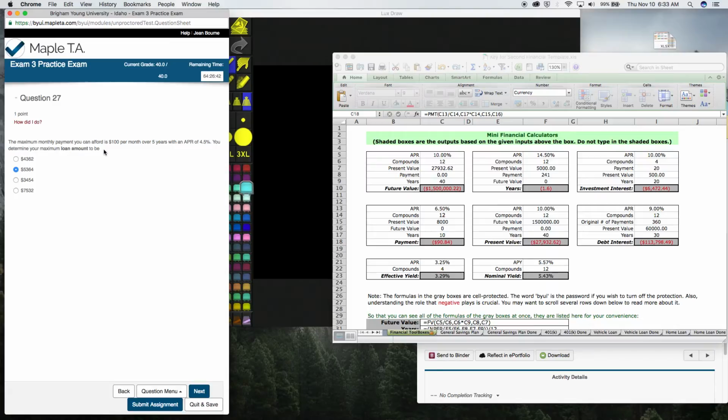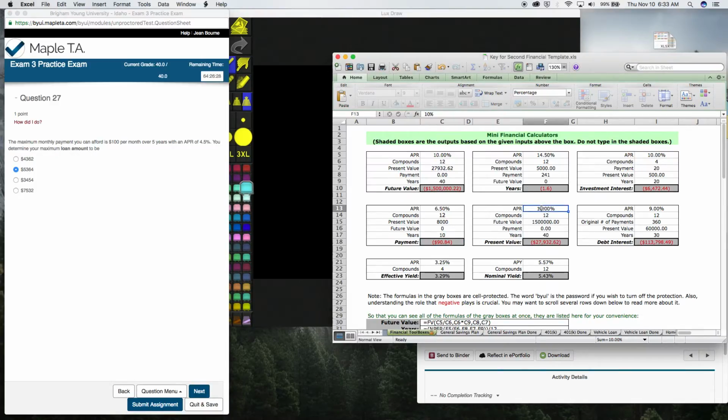The maximum monthly payment you can afford is $100 per month over 5 years. So if you go to your present value tool, they want you to determine what your maximum loan amount can be. So APR is 4.5. Compounds is 12.